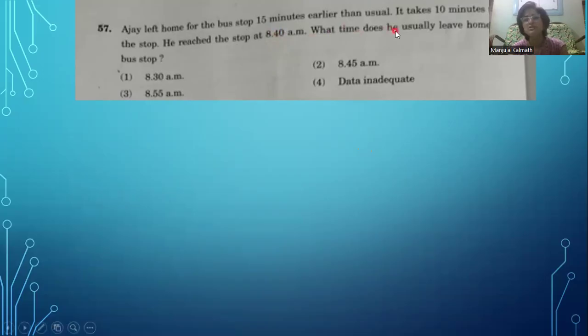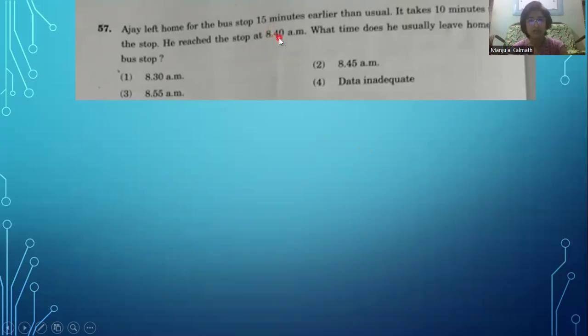What time does he casually leave home for the bus stop? It means what is the time he usually leaves the home for the bus stop? That is the casual time, which is 15 minutes later than what he left today.